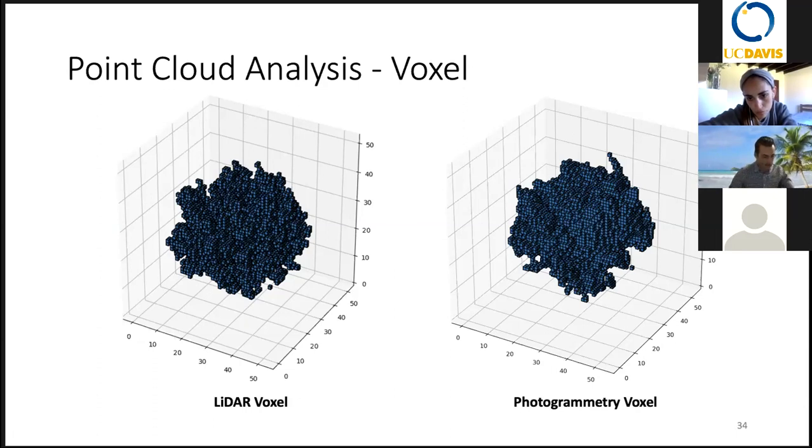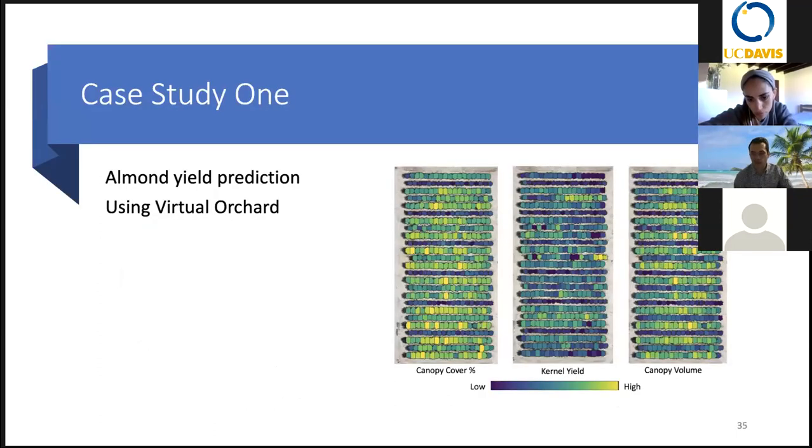All right, so I think now it's a good time to talk a little bit about the case studies, and then we can have a session for questions. But if you have any question during this presentation, please let me know. The first case study we are working on is a project supported by the Almond Board of California, and in this project we want to predict almond yield early in the season.